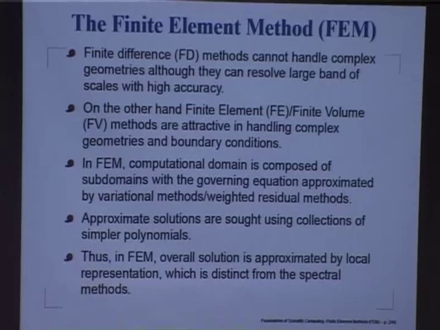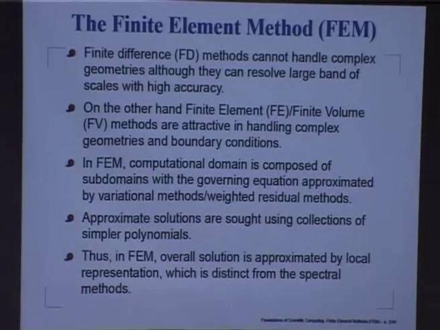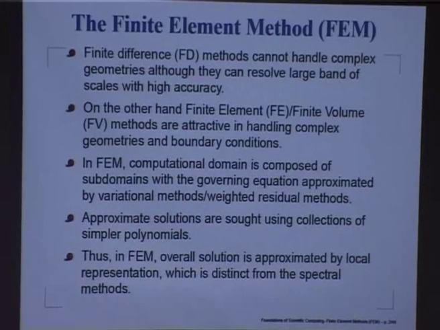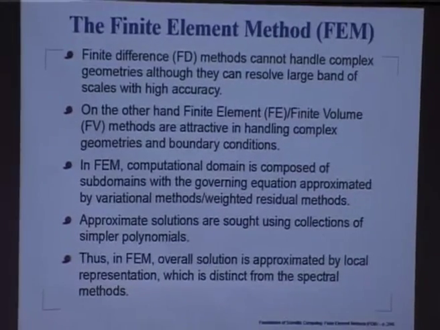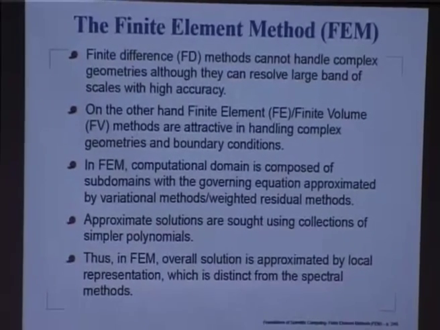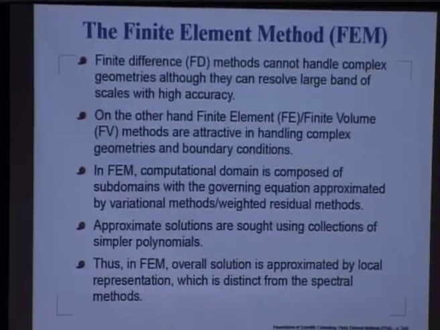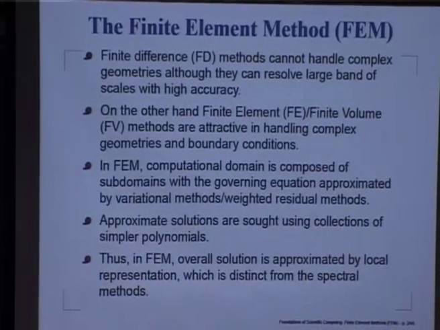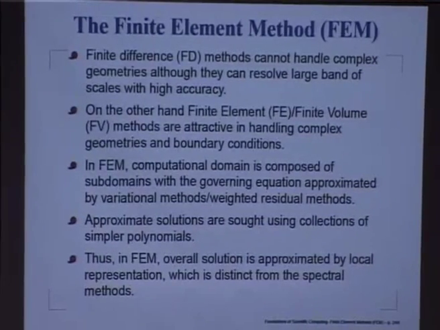On the other hand, the other available methods, for example finite element or finite volume method, are considered attractive because they are able to handle complex geometries, and therefore, they can take care of complicated boundary conditions too. Now, if that is so, we need to find out if these methods, finite element and finite volume methods, also satisfy those nice properties which FDM gives automatically. I mean, not automatically, you will have to look for it and devise better methods.